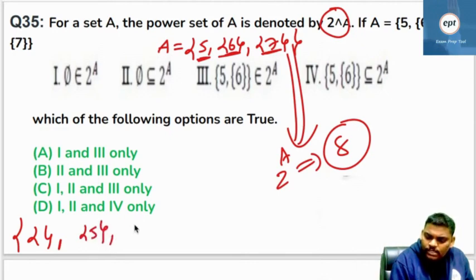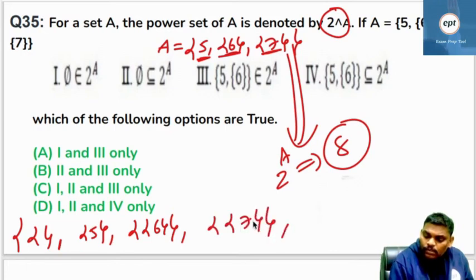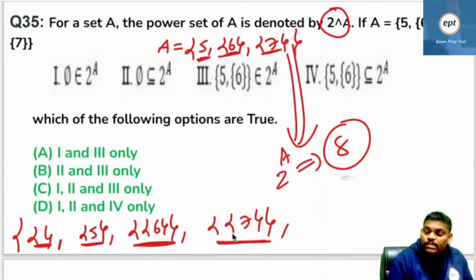Second one is not 6, bracket 6. Third one is bracket 7. See, all are subsets. When you say subset, bracket required. If it already has a bracket, keep one more bracket.